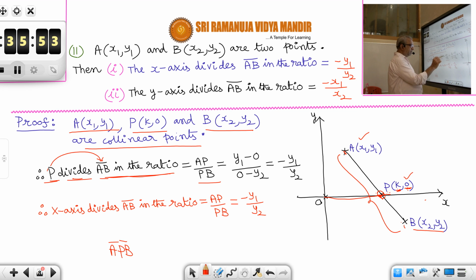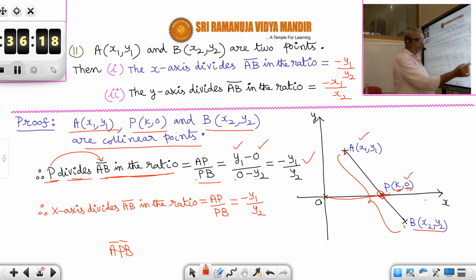Okay. So the y coordinate of A, y1, minus the y coordinate of P, 0, divided by the y coordinate of P, 0, minus the y coordinate of B, y2. So you get the formula minus y1 by y2.